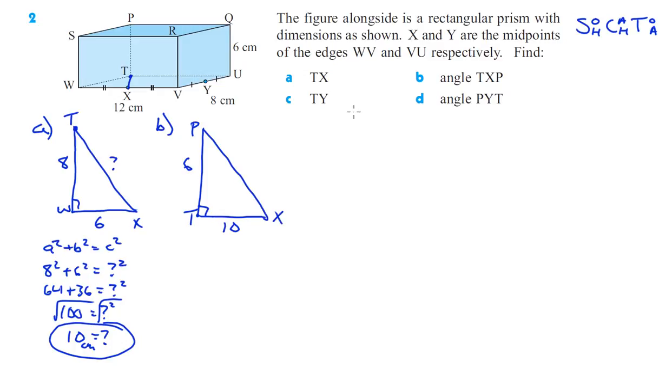Okay, so we're looking for angle TXP, so this is the angle we're looking for. From this angle, this is the opposite, this is the adjacent. Opposite and adjacent is tangent, so tangent theta equals 6 over 10.